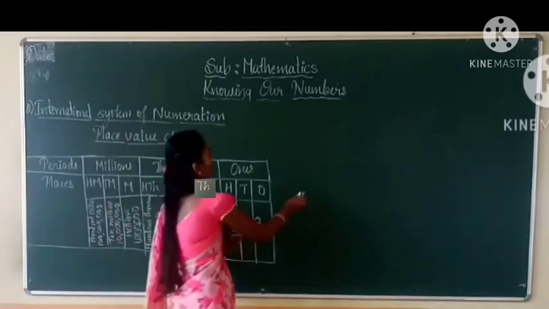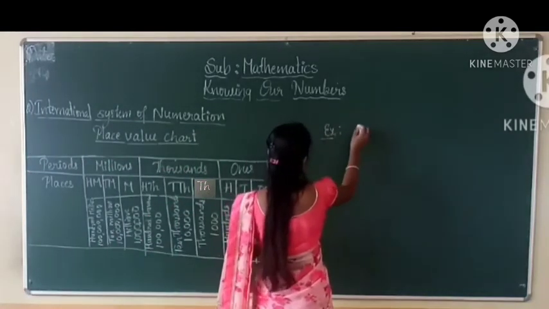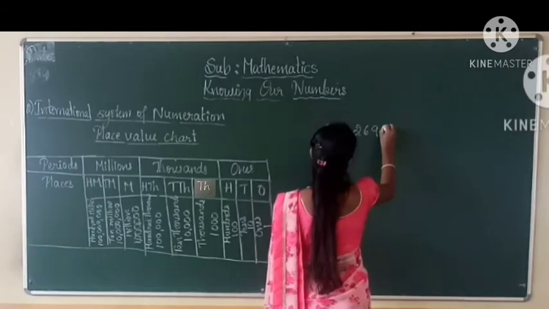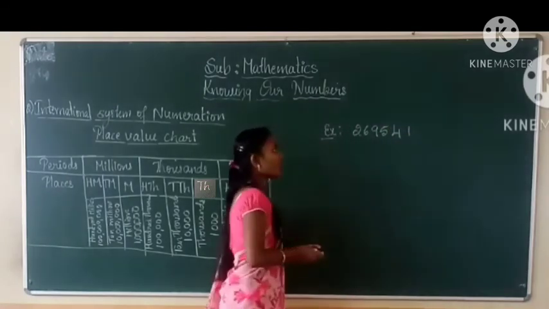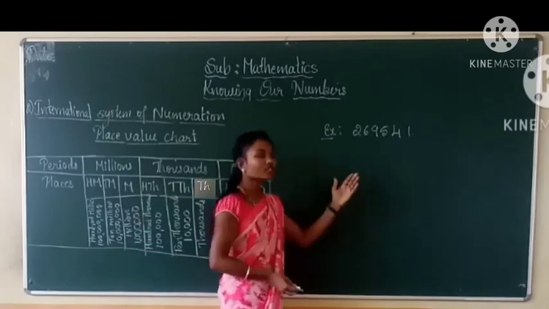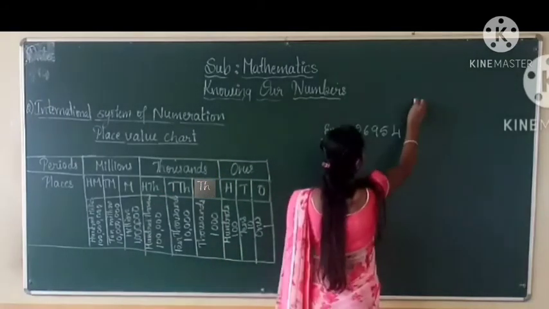An example: 269541. We know that the first place is 1's place.